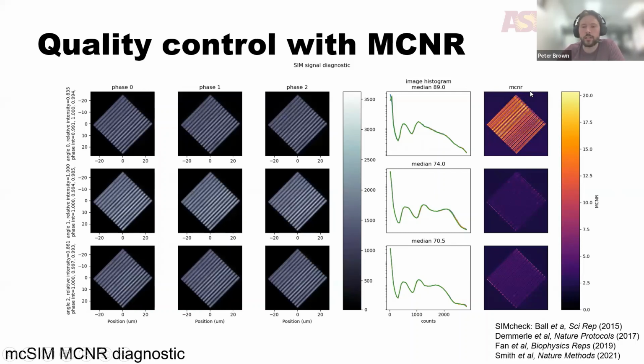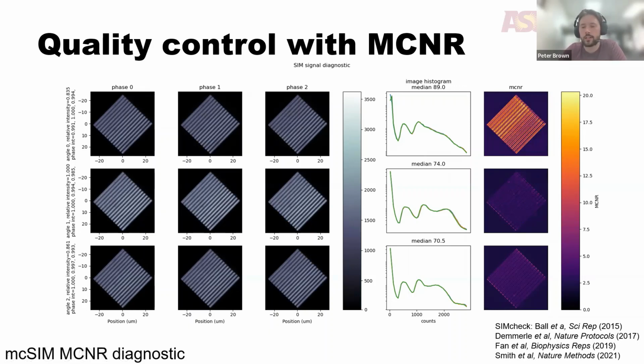And so that means we get a very prominent moire pattern at low frequency, hence it's not attenuated by the optical transfer function. Whereas for these other two angles, there is not much frequency information for the sample along those directions, so we get much less MCNR, even though the patterns are of comparable quality.